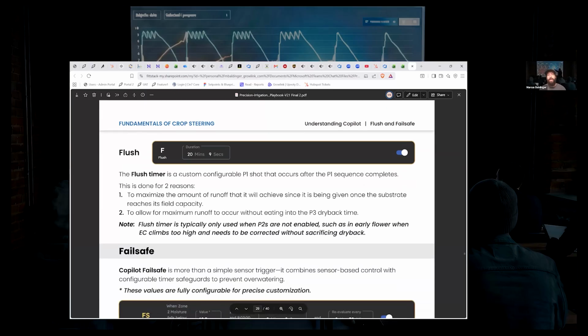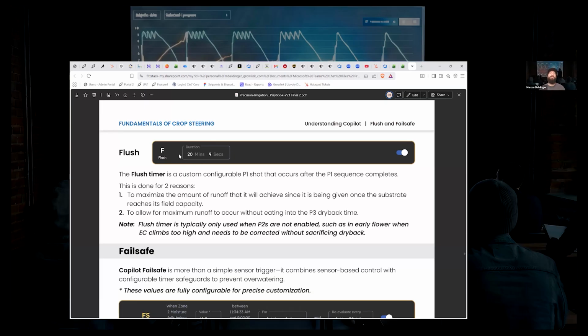It does say it's typically only used when P2s are not enabled, such as in early flower when the EC climbs too high. It needs to be corrected without sacrificing dryback, like I just said. But if you're running it yourself with Copilot, you could totally use this flush with P2s if you needed to for any reason.